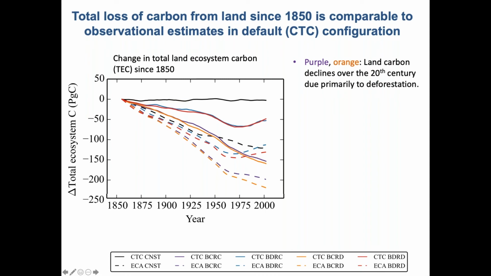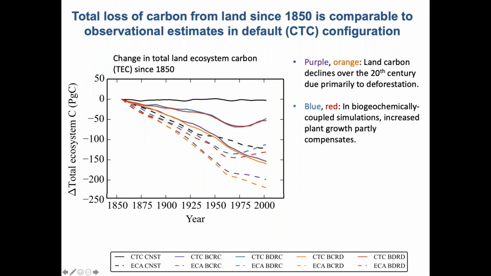So a couple things I want to point out here. Again, the solid lines are our default model. The purple and orange show that land carbon declines over the 20th century. This is mostly due to deforestation and to land use land cover change in general. Then in the blue and red lines, you see the combined effect of that land use land cover change plus biogeochemical coupling.